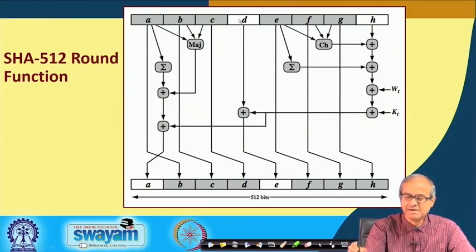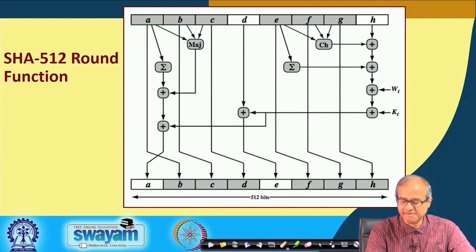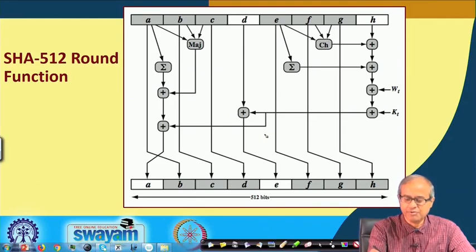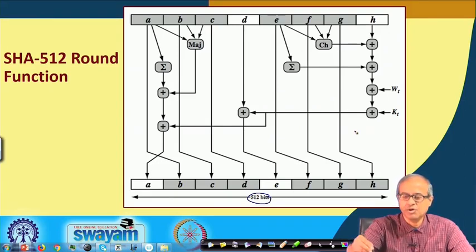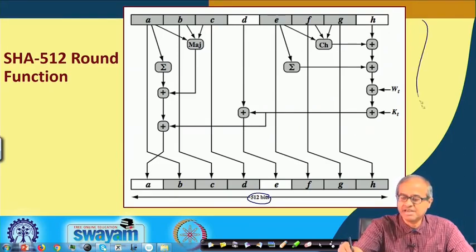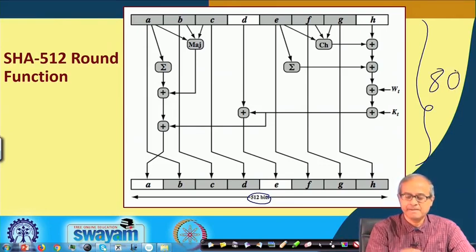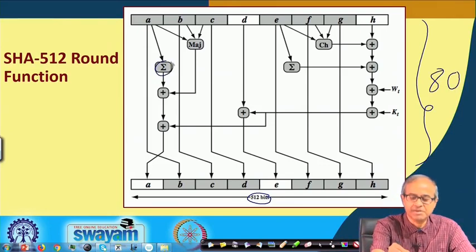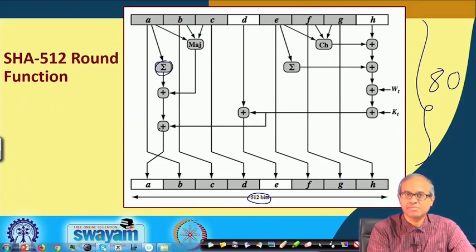So, just a bird's eye view of the round function, what is happening inside that function f. I am not going into the details of the explanation. This is the 512 bit buffer I was talking about. There are some modifications going on, and this iteration is carried out 80 times. There are a lot of operations: there is a sigma operation, there is a majority operation, there are some bitwise XOR operations, this plus means bitwise XOR.